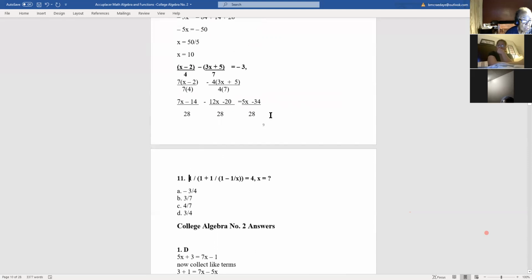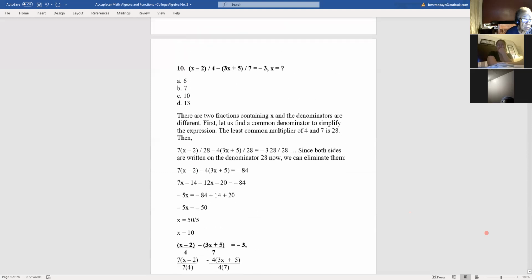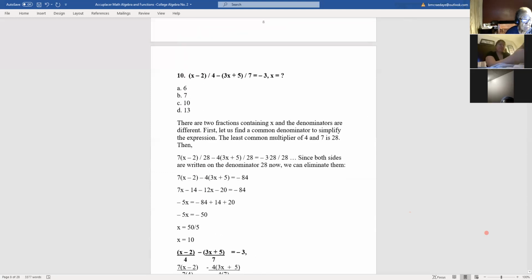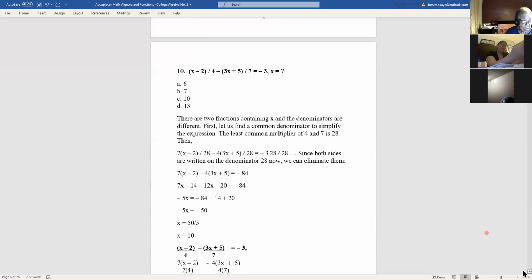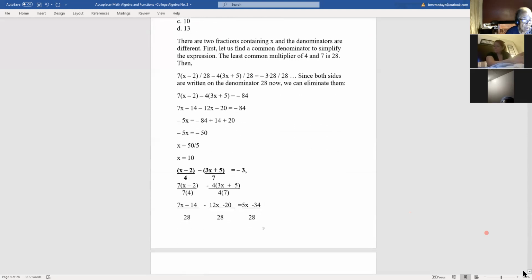Okay, I should really put all this on one page. Let me go back up to here. Well, it's going to go to 2 pages anyway. So you have minus 5x minus 34 over 28, and this is equal to minus 3.